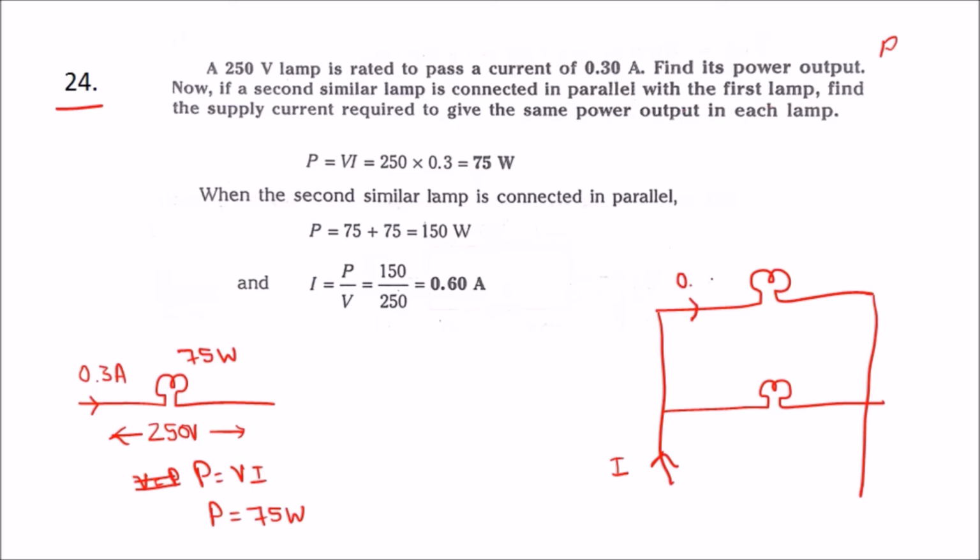So if it has the same power output, the current should also be the same, and the voltage should also be the same. This is the first lamp, with the same power output of 75 watts. So the voltage will also be 250, and as it is in parallel, the current will also be 0.3 amps. This is the second, so the supply current will be 0.6 amps. This is when the lamps are connected in parallel.